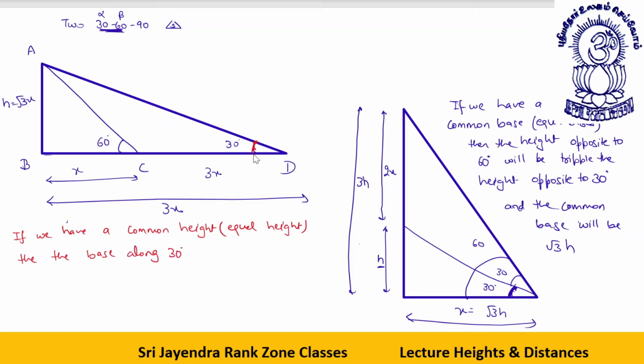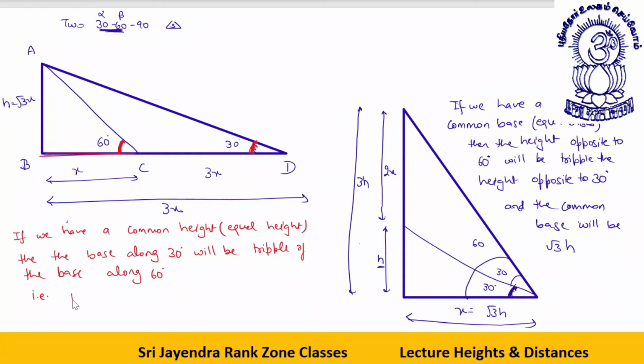See, you have a common height h, then the base along 30 degree will be triple of the base along 60 degree. This is the base along 60 degree. If this is x, then the base along 30 degree will be 3x. Getting it? Base along 30 degree will be triple of the base along 60 degree.